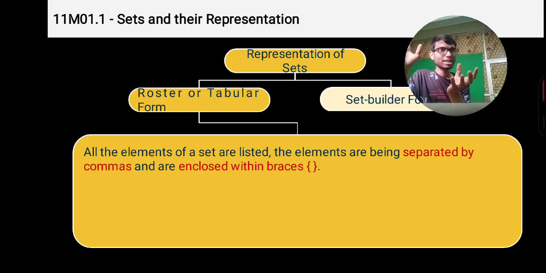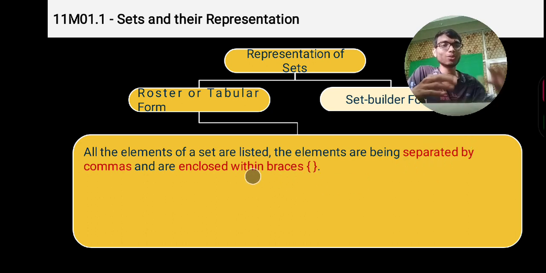That is how we represent elements in the set, and they are closed within brackets, and this bracket is known as curly brackets. We will not use any other brackets except this, nothing else.